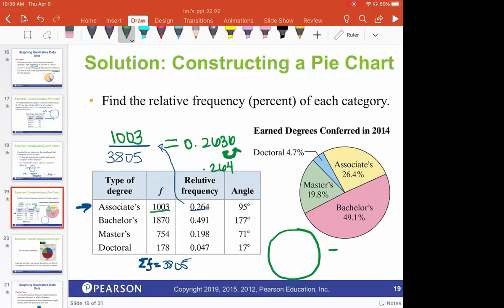If you know a whole circle is 360 degrees, then if we want half of it, well, what's 360 divided by 2 for the half? It's 180. So I know half is 180. What if I just want a fourth?